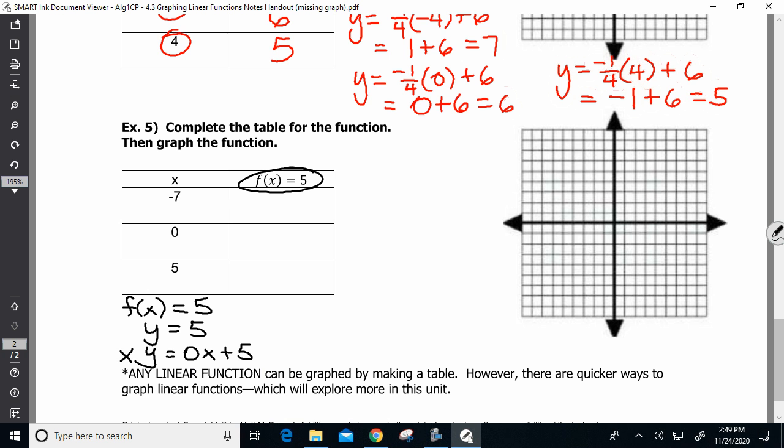So we're going to use y equals 0x plus 5 to do this line. Remember, anything times 0 is 0. So we plug in negative 7. Y equals 0 times negative 7 plus 5. 0 times negative 7 is 0, and 0 plus 5 is 5.